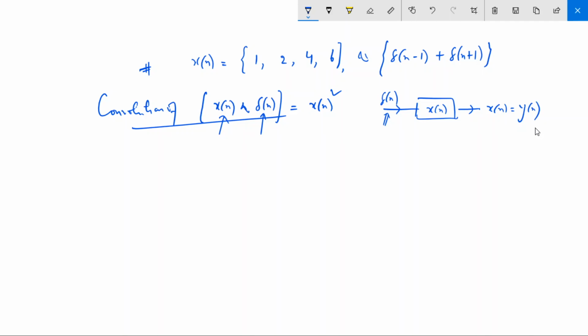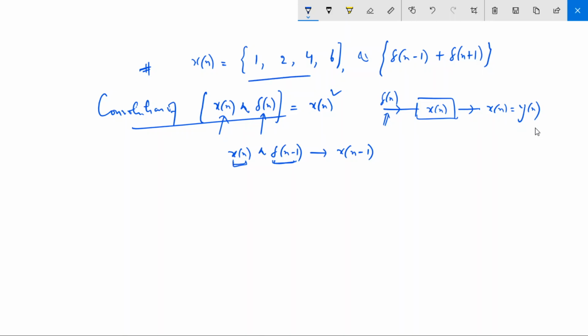Okay, and if you find the convolution of x of n with delta n minus 1, what will be the output? It will be nothing but x of n minus 1 using the time invariance property, because delta n generates the output which is x of n, so delta n minus 1 will generate output which is x of n minus 1.